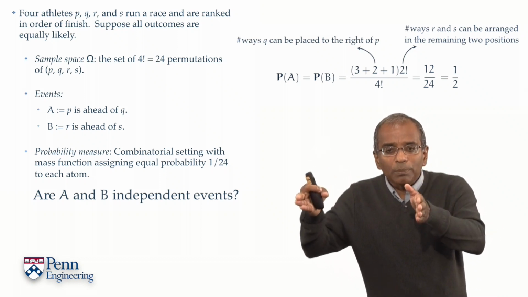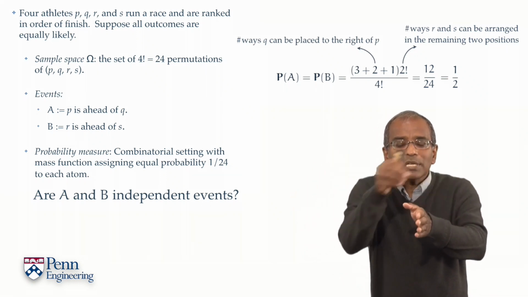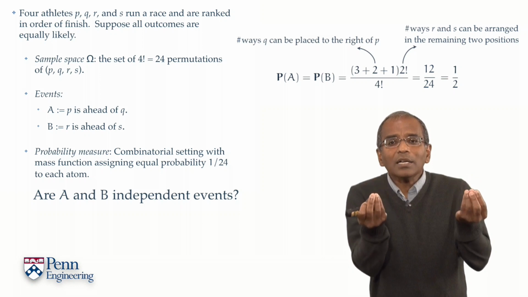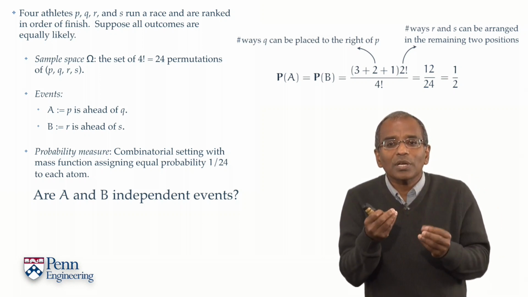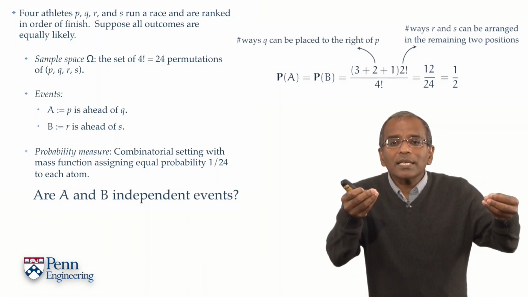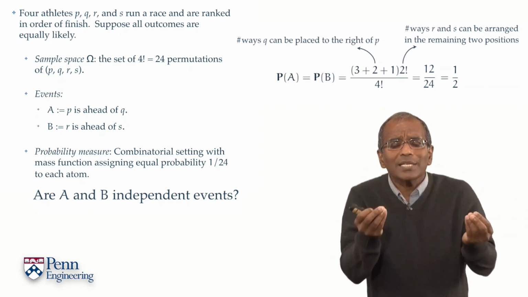Having put P and Q in place, there are 2 slots left, and R and S will have to occupy those 2 slots. How can you arrange R and S in there? Well, in 2 factorial or 2 ways.